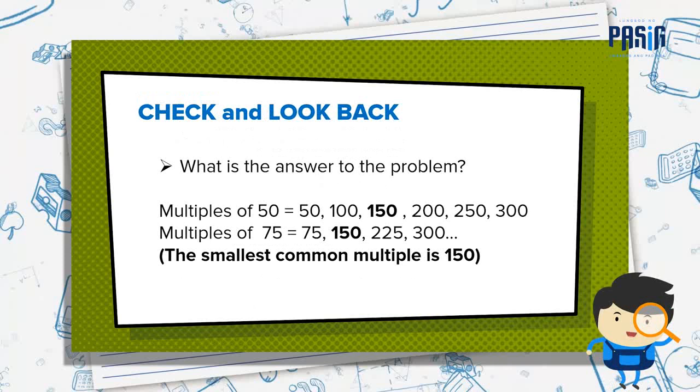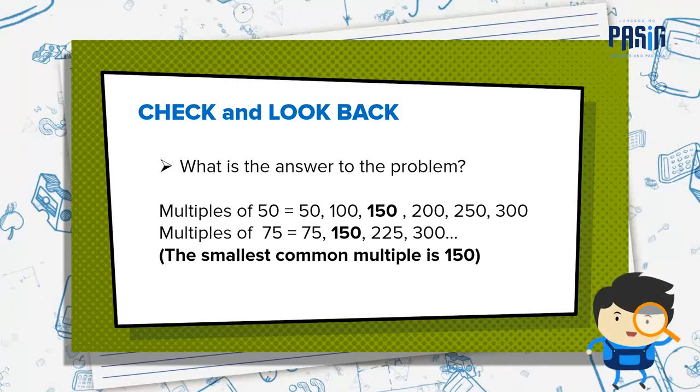Step 4, check and look back. You can check if you have the correct answer by listing the multiples of 50 and 75. So multiples of 50 we have 50, 100, 150, 200, 250, 300. Multiples of 75 we have 75, 150, 225, 300.